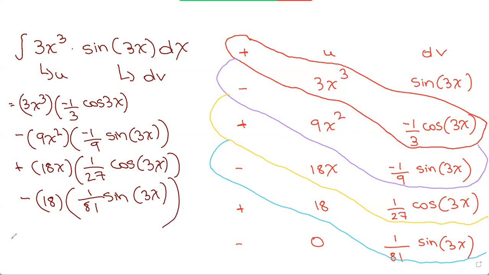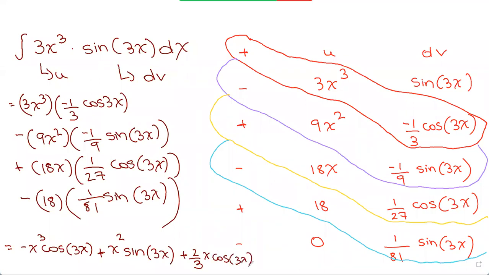So now if we add and simplify this, we get our value as minus x cubed cosine 3x plus x squared sine 3x plus 2 over 3 x cosine 3x minus 2 over 9 sine 3x plus c.